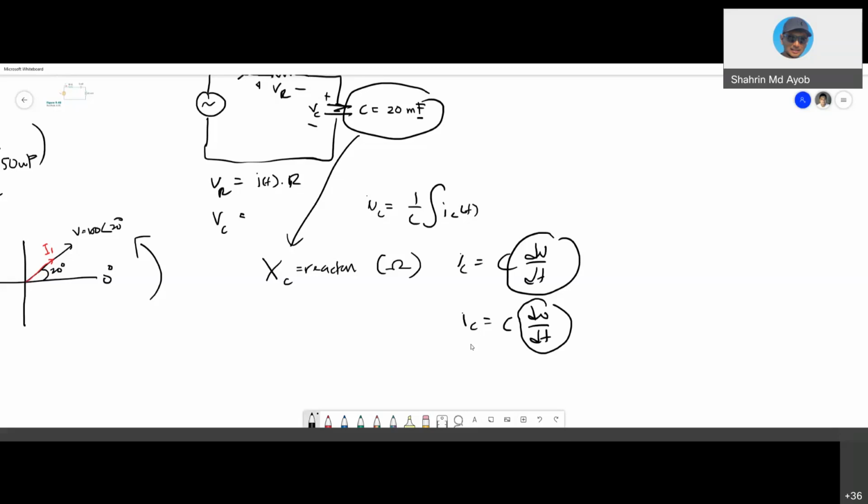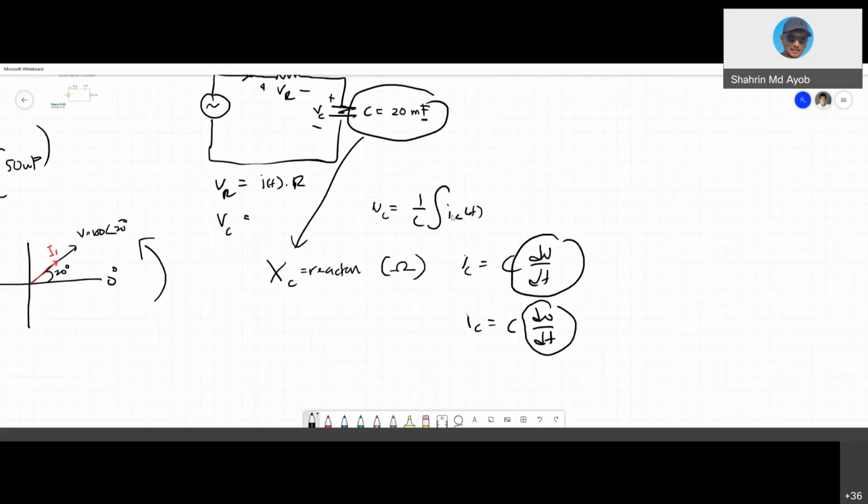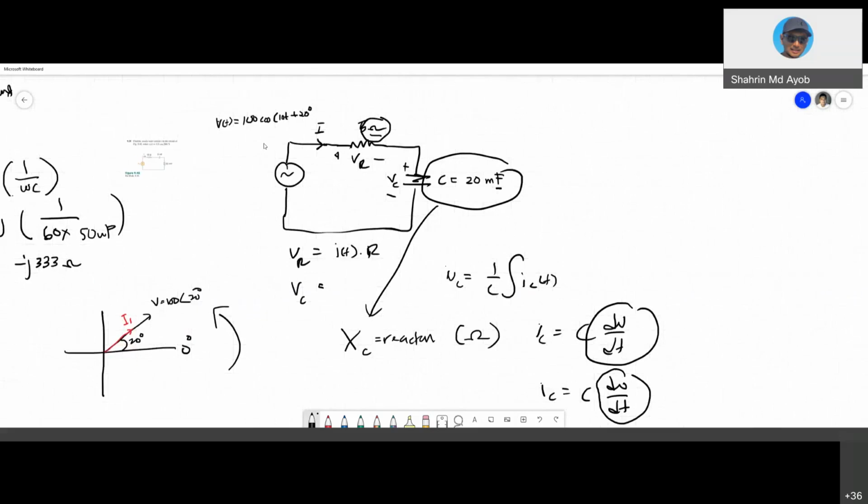But that's given, right? The 100 cos. No, that 100 here is actually your voltage source. Maybe you can use VC with a voltage division, but it's still quite difficult, because you cannot use the voltage division either, since the units are different.